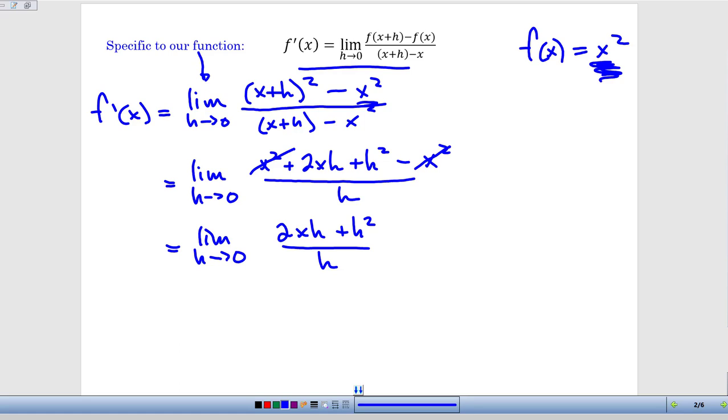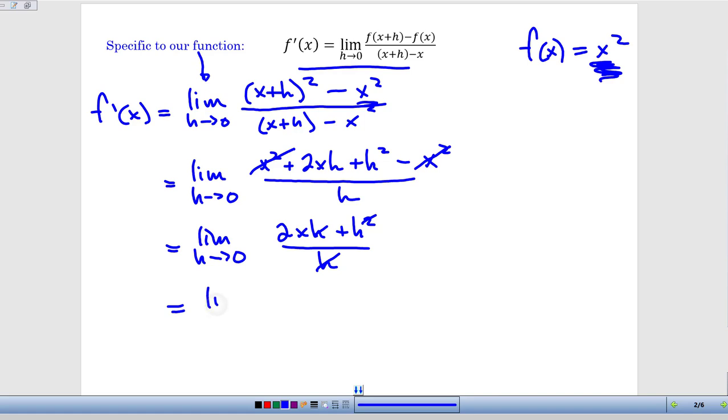And so at this point, if I was to plug in 0 for h, I would still end up with 0 over 0. But we're now at a point where we can see that we've got some reducing that we can do in our fraction. In the numerator, both of the terms have an h in them, so I can reduce my h's everywhere. I have to do it everywhere. I have to divide that h into each of the terms that I have left in the numerator.